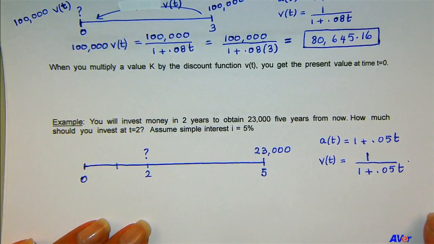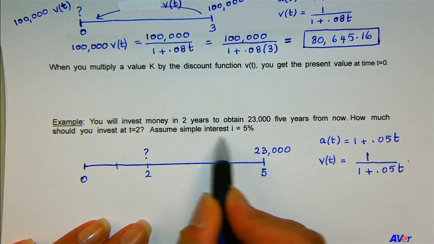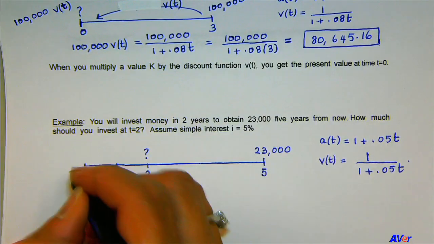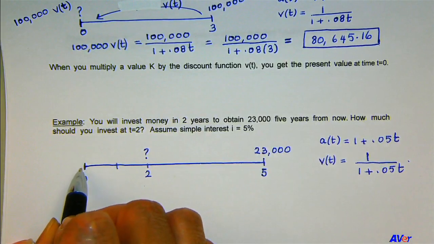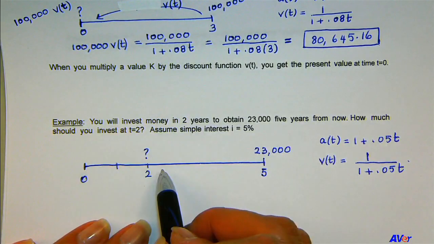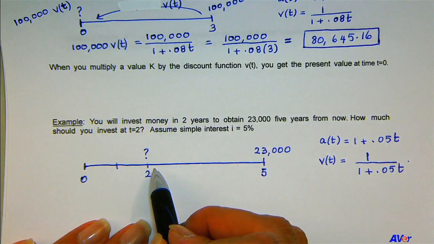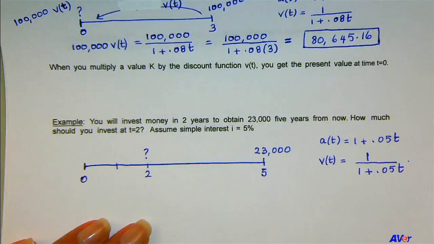Yes, you should, but why should you do that? He says, take the present value of 23,000 all the way to time 0, and then grow it to time 2. And my question is, sounds great, but why?